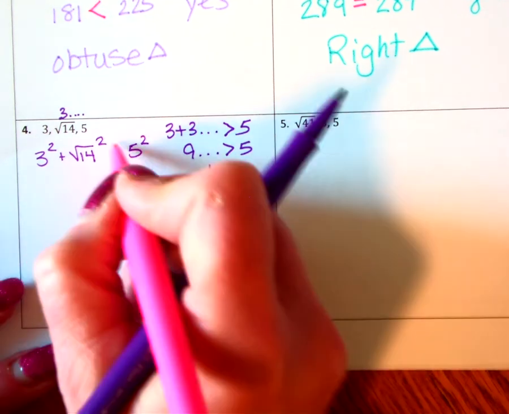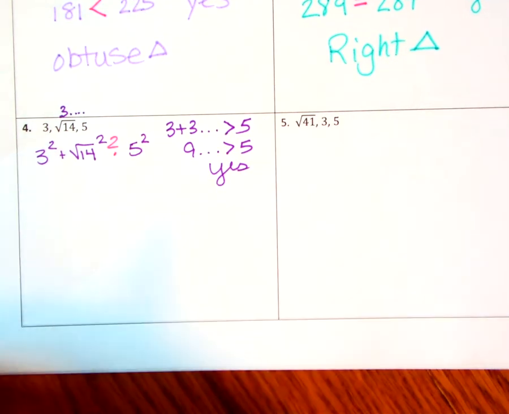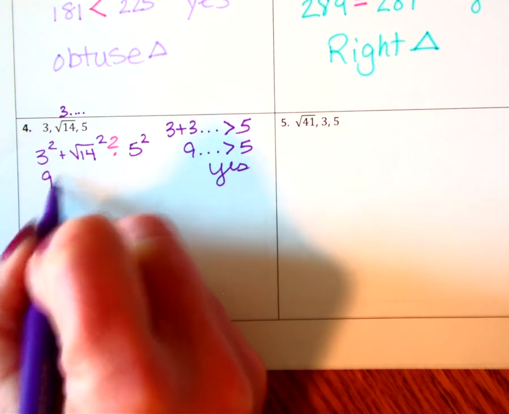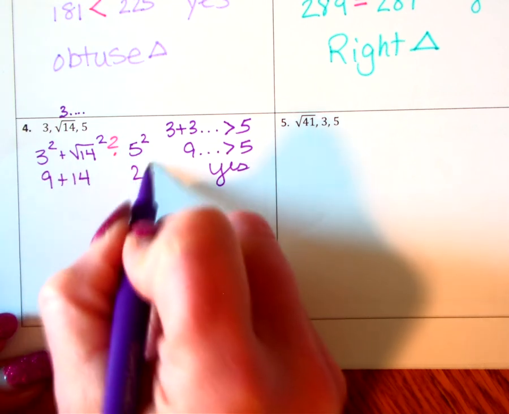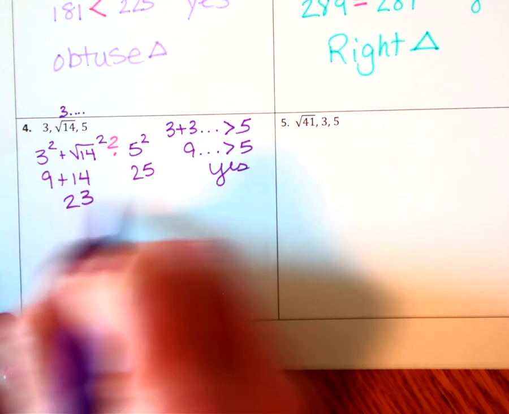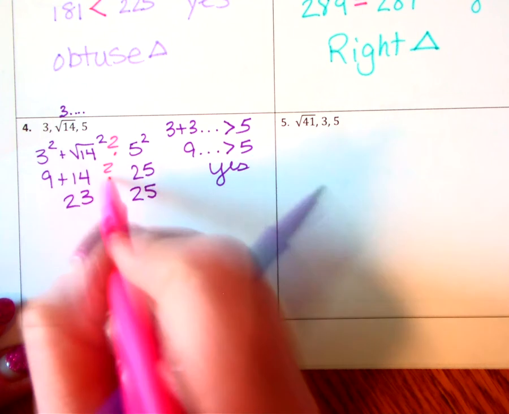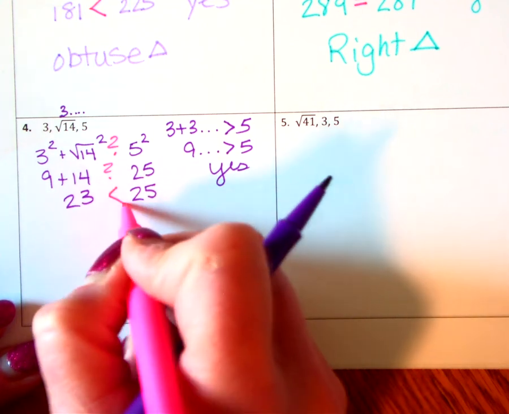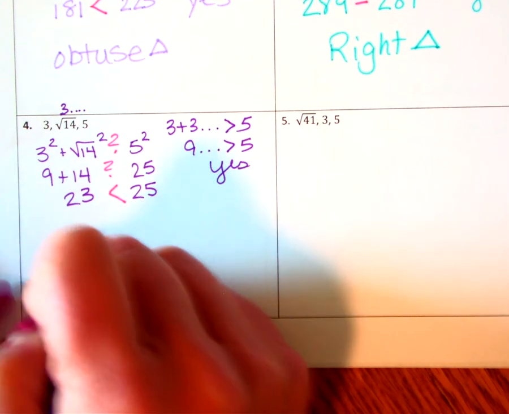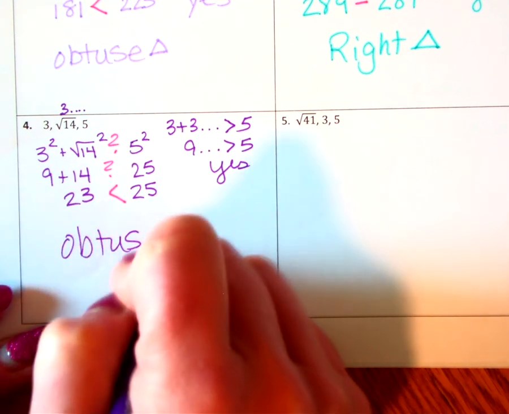Okay, so this is where I'm checking equal to, greater than, or less than. So I have 9 plus 14, which gives me 23, and 25. I find it is less than, which makes it an obtuse triangle.